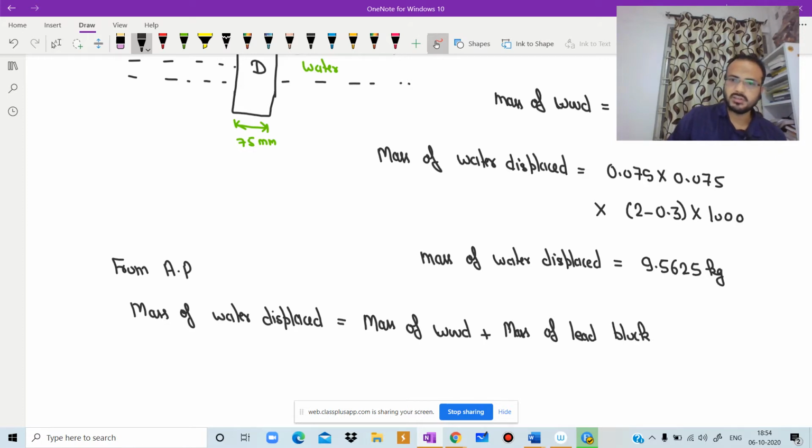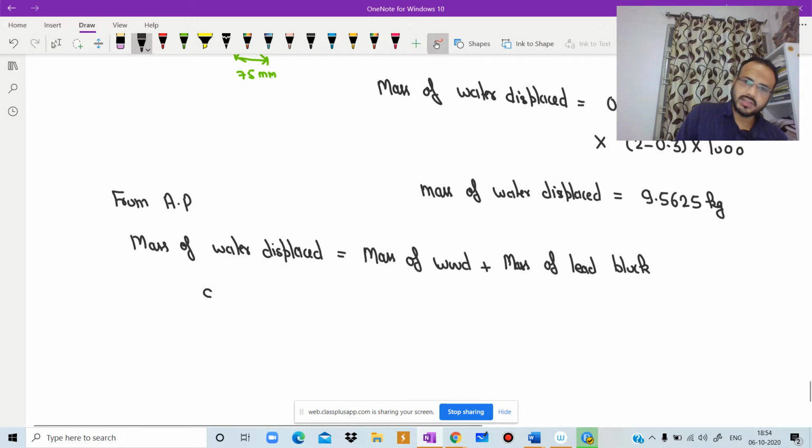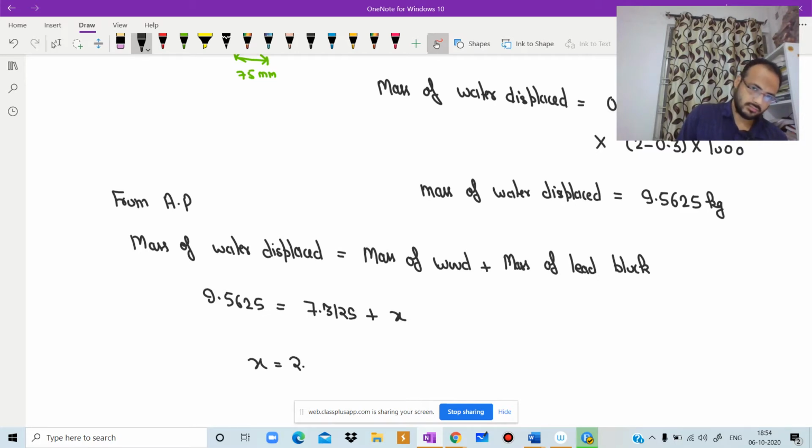This is also a GATE question. This is 9.5625, 7.3125. Assume x kg. This is the right answer.